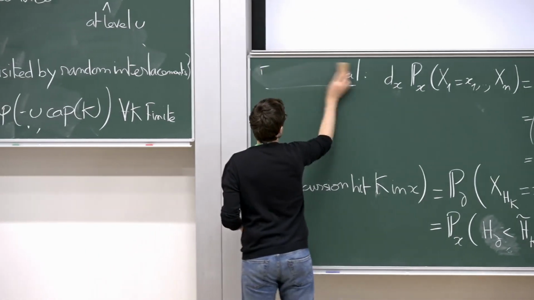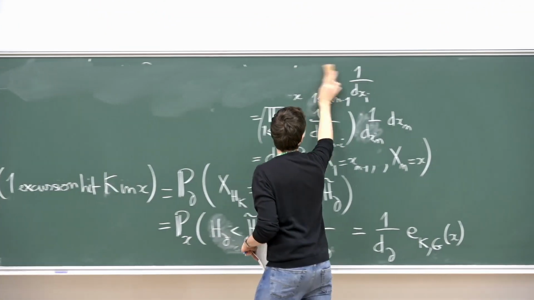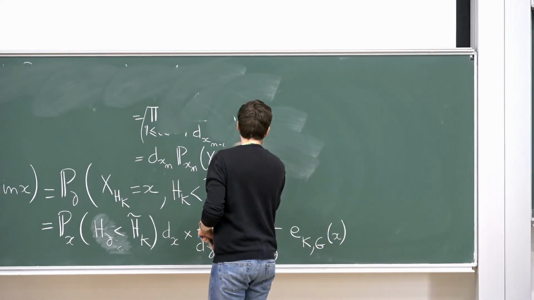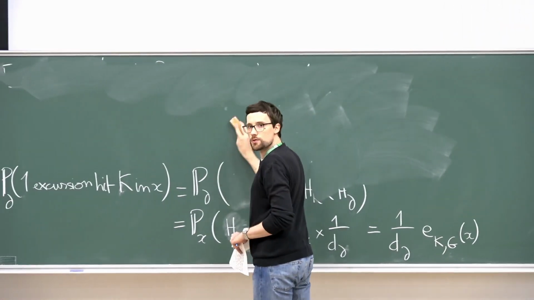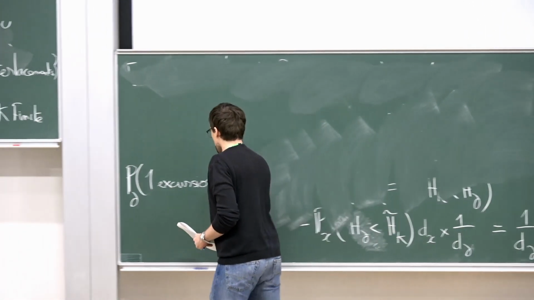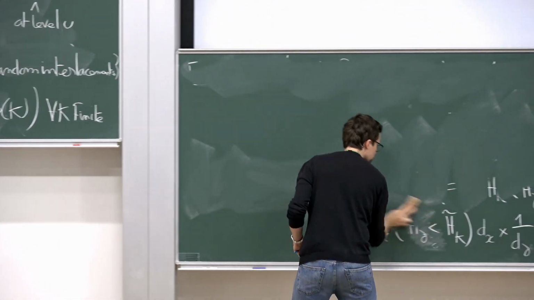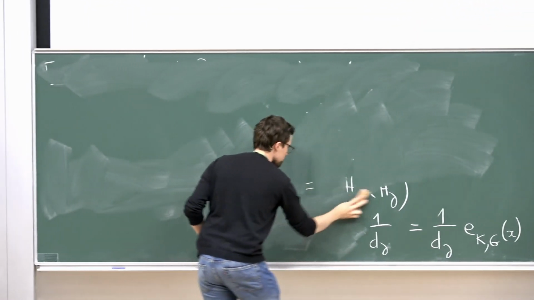All right. So for those of you who have heard about random interlacement, one other classical way to define them is to go through the random walk on the torus.